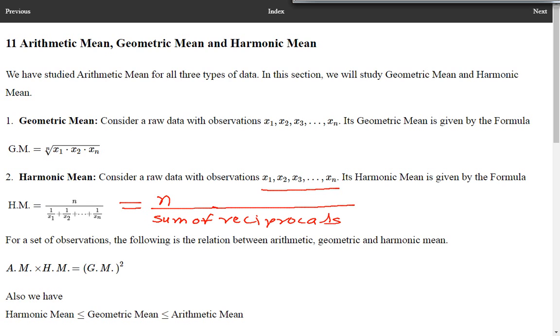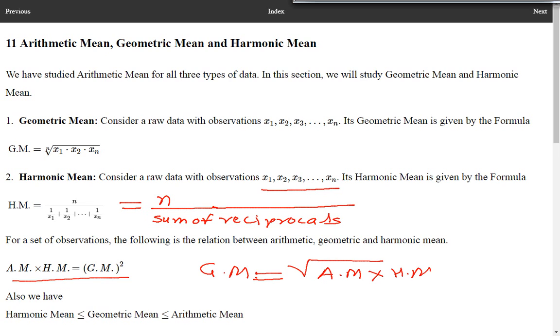Okay. Then there is an interesting relation between these three means: arithmetic mean, harmonic mean, and geometric mean. The geometric mean is the square root of the product of arithmetic mean and harmonic mean.